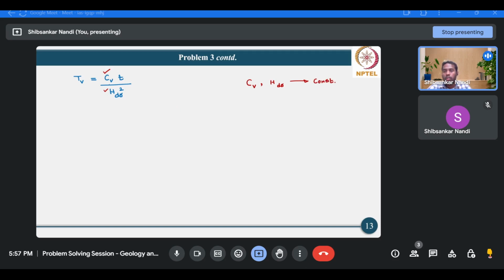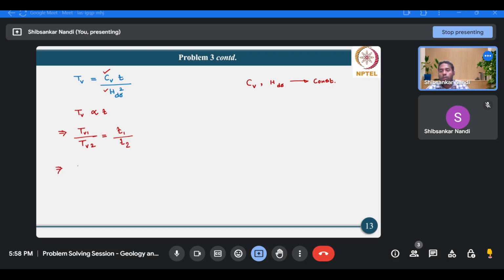Now in this equation, if the CV and H dr square value remain same, that means your TV is proportional to t. Then you can write TV1 by TV2 equals t1 by t2.